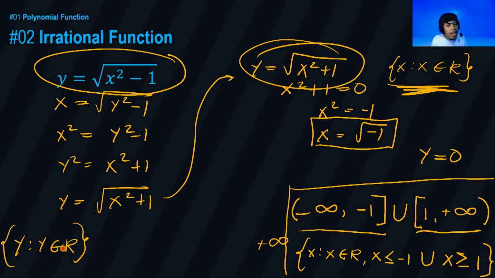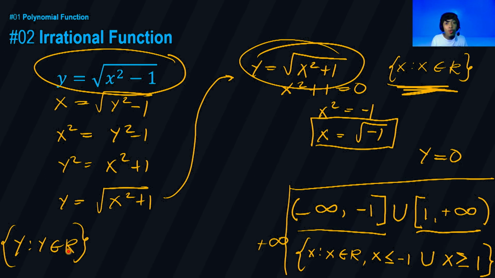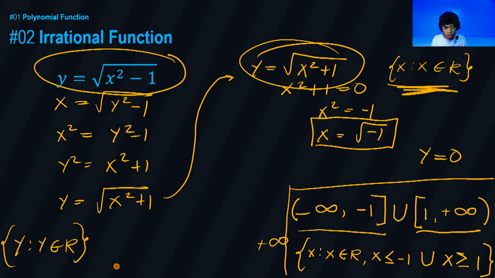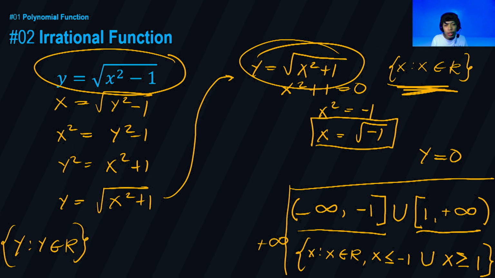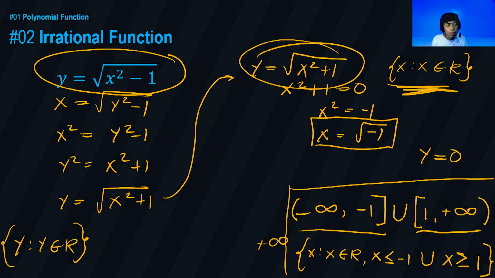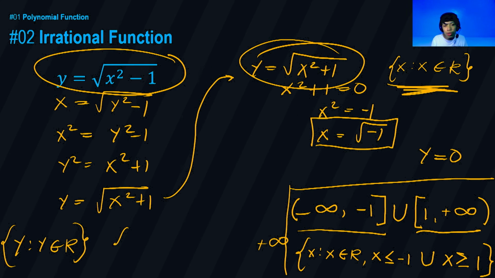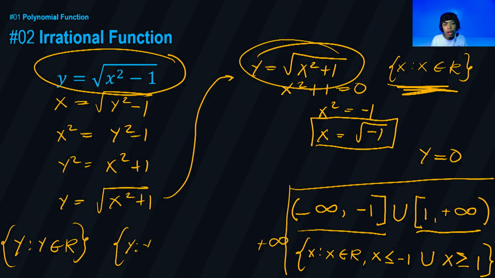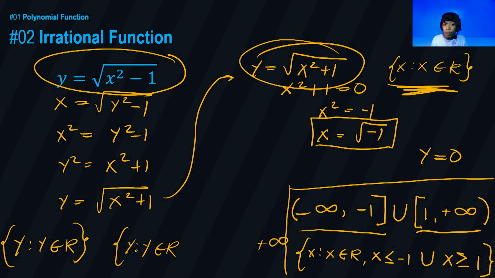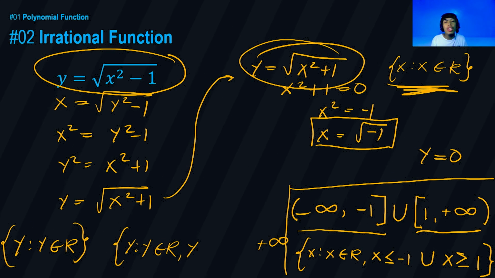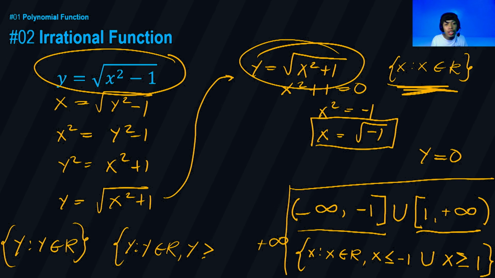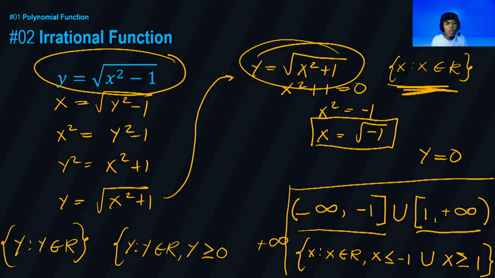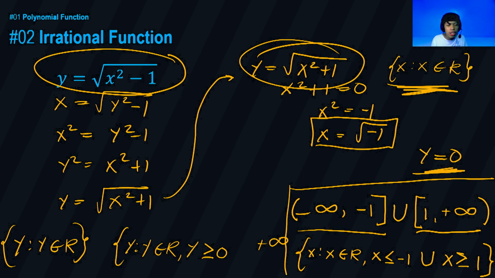So you have to change this range. So how do you do that? Instead of all real number, it's actually the minimum value is 0 man. So it's actually y such that y is a real number, but y should be greater than or equal to 0. Bakit greater than or equal? Because this is the minimum value.